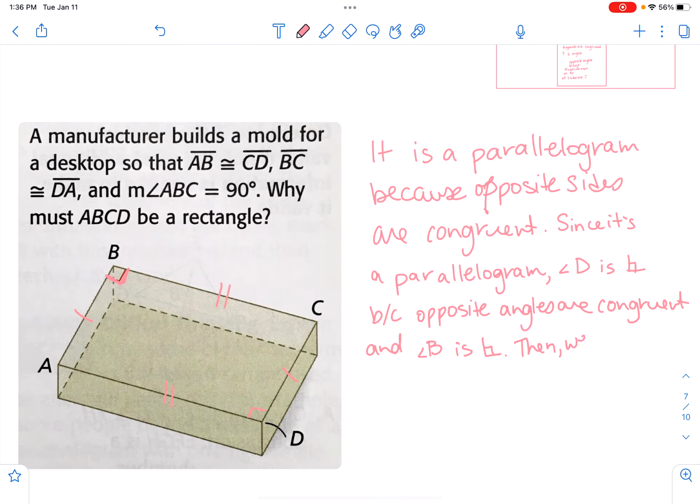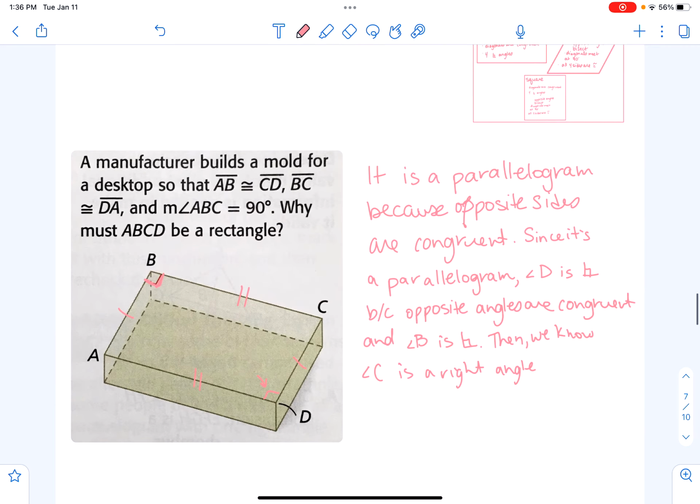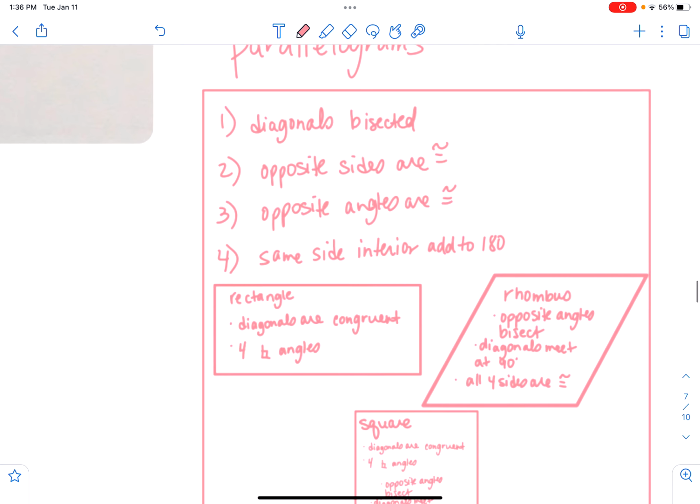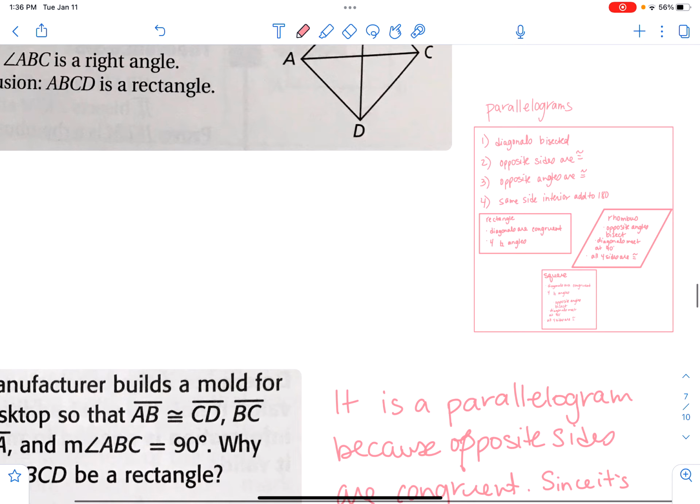Then we know angle C is a right angle. And that's because since this one's a right angle, same side interior have to add to 180. So 90 plus 90 is 180. So C is a right angle because of this rule right here. Same side interior angles add to 180.